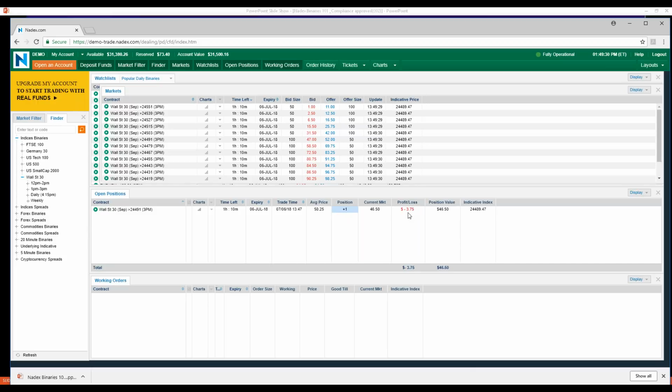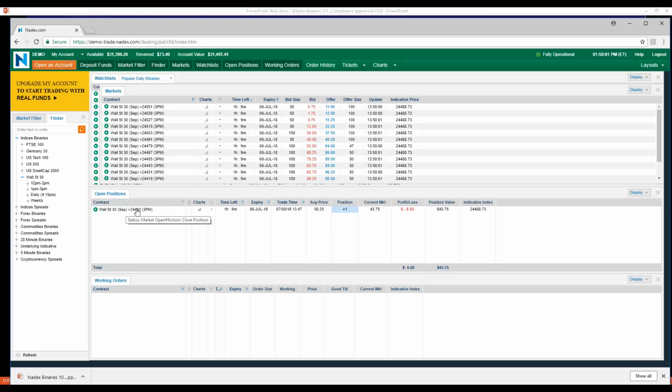You'll see that my profit and loss is the difference of where I bought compared to where the current market is. What does that mean? What contract did I buy? The 24,491. You see it up here? 24,491. So right now, you can buy this contract for $49, or you can sell it for $44.75. Remember, every contract you can either buy it or sell it.